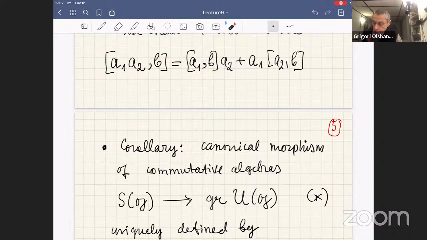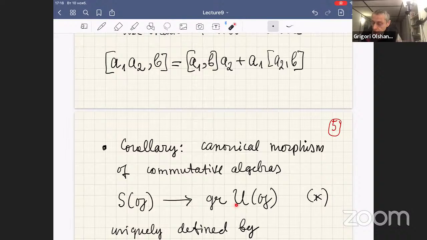Because if you compare the definition of this object as a quotient of the tensor algebra, and this two-step definition: first, we defined this as some quotient of a tensor algebra, and then apply this operation by taking the associated graded algebra.